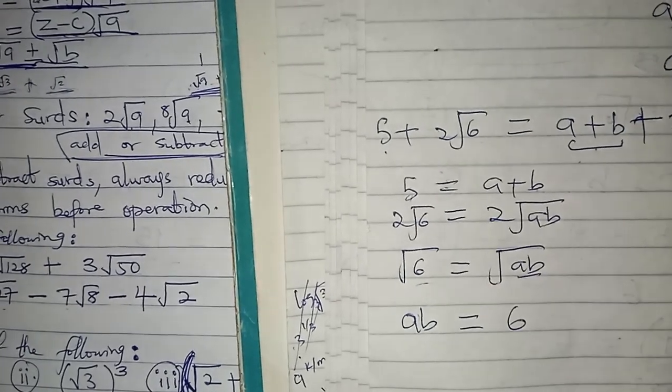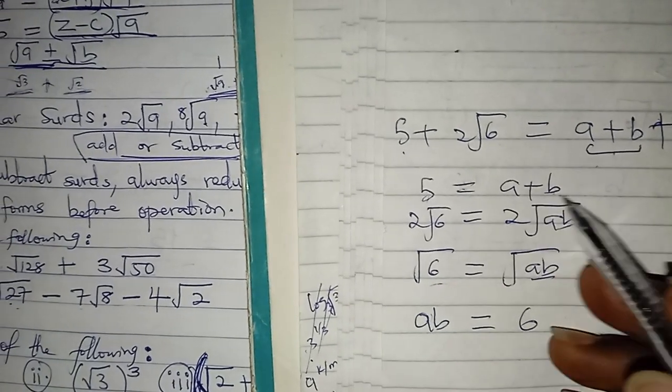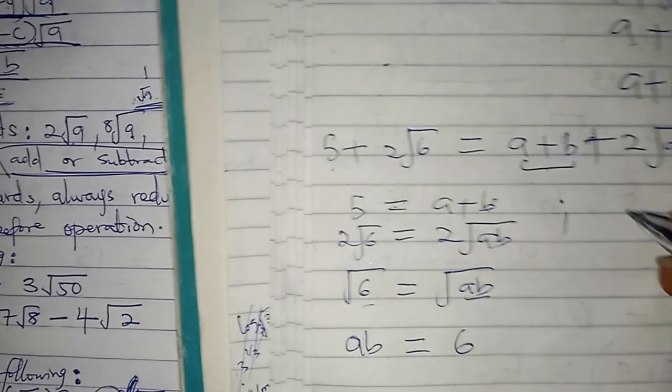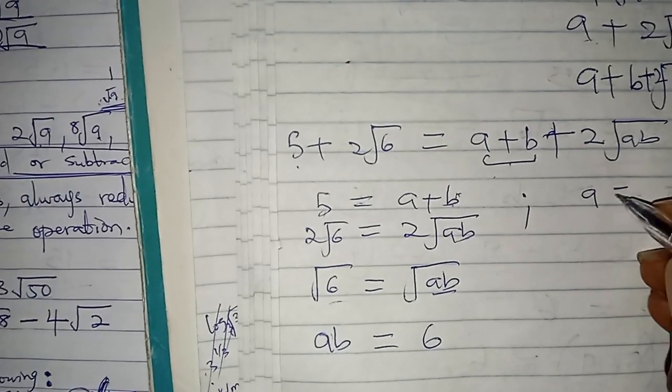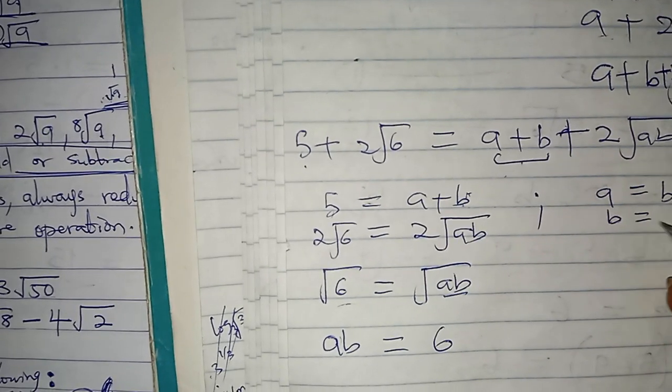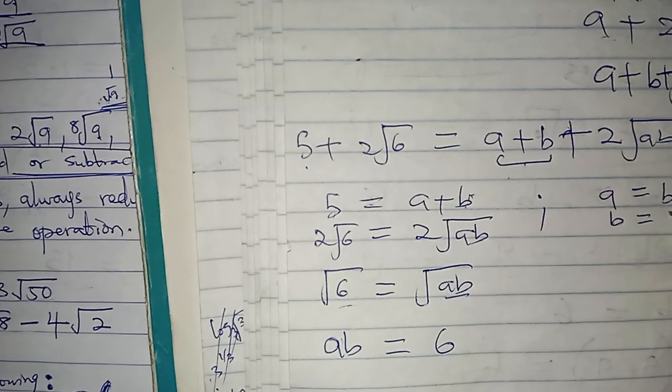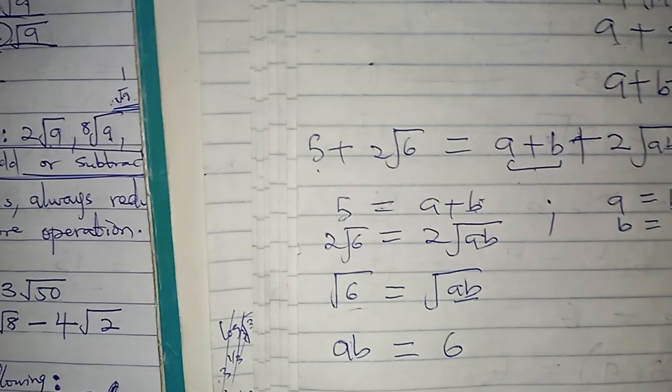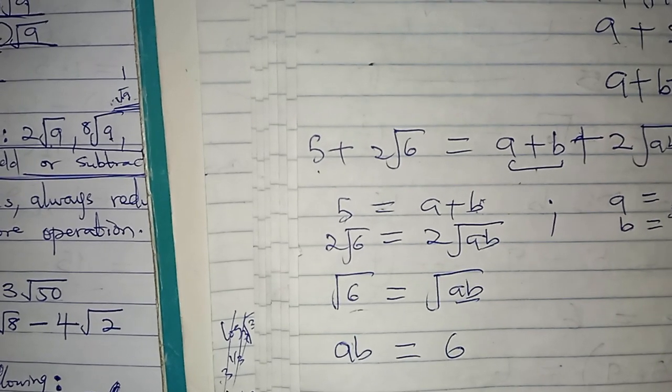That is what is inside. So notice that right here, over here, this can be the same thing as saying a is equals to 5 minus b, and also b is equals to 5 minus a.